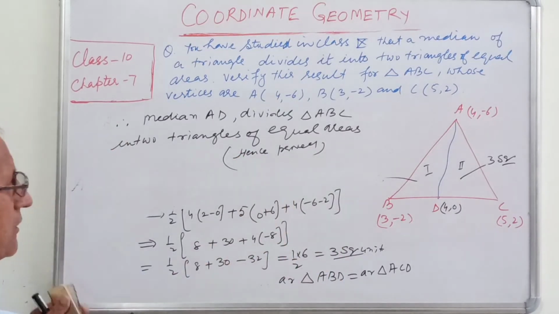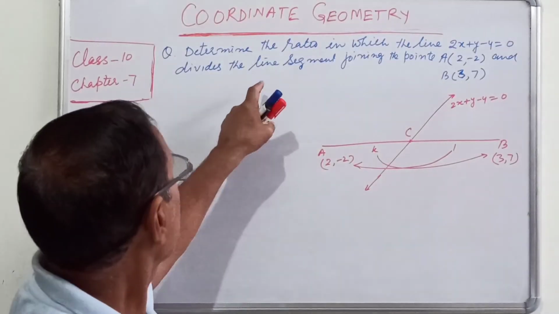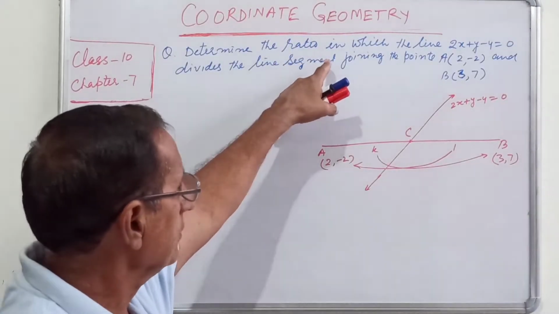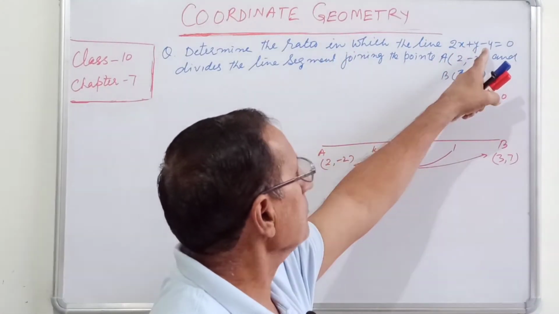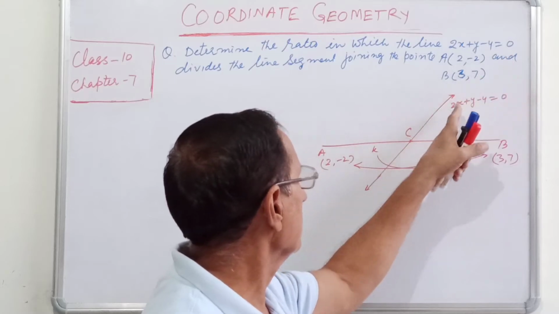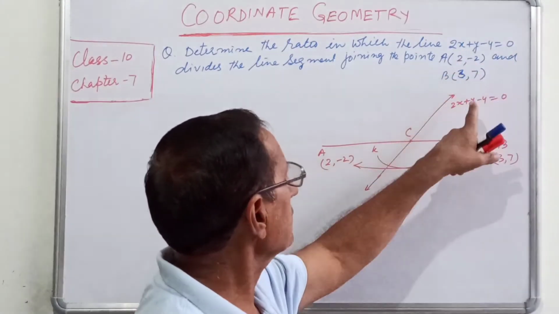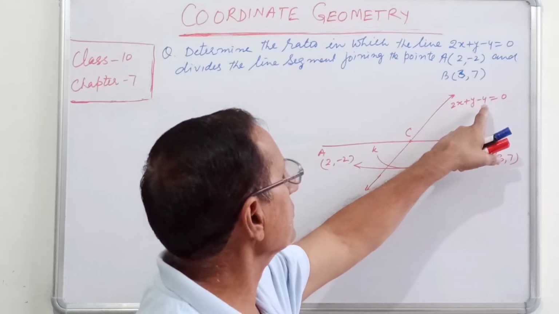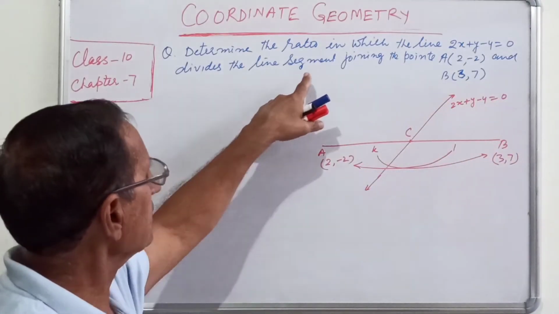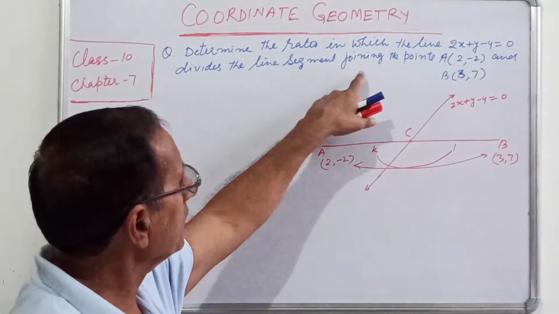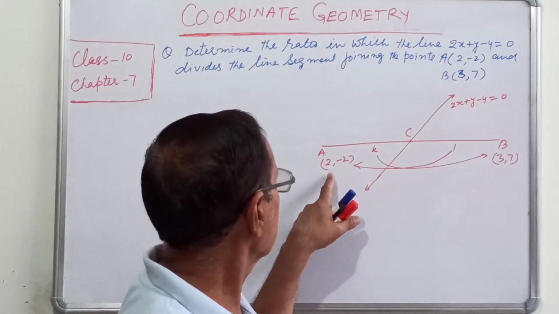The next question: determine the ratio in which the line 2x plus y minus 4 is equal to 0 divides the line segment joining the points A (2, -2).